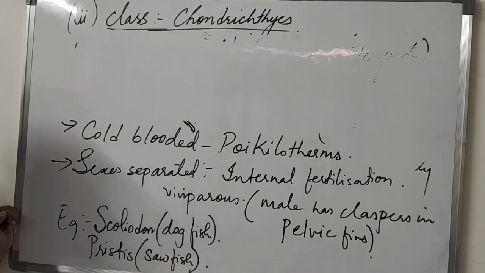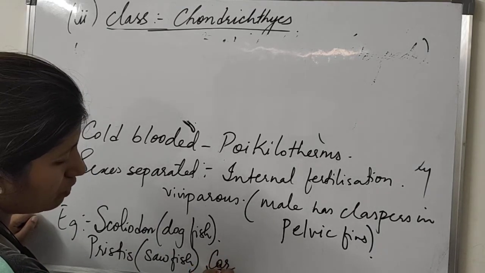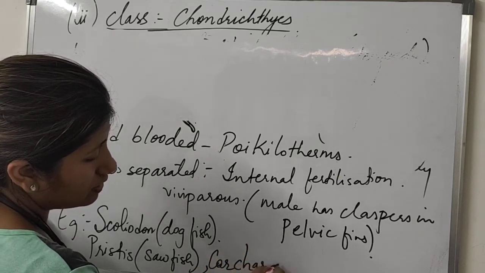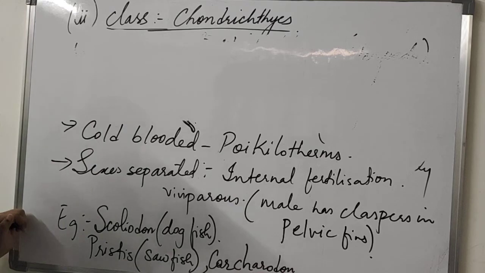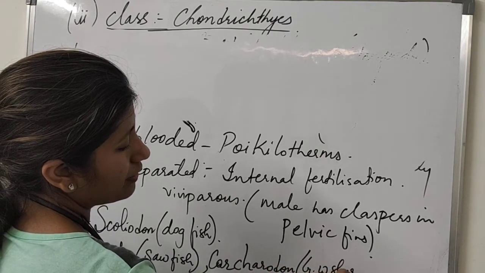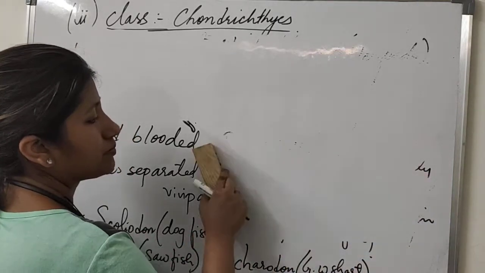Pristis diagram is there in the textbook, you can see. Carcharodon. Now you will be surprised to know what Carcharodon is. Carcharodon is shark. Okay, great white shark. Great white shark. And Trigon is a stingray.